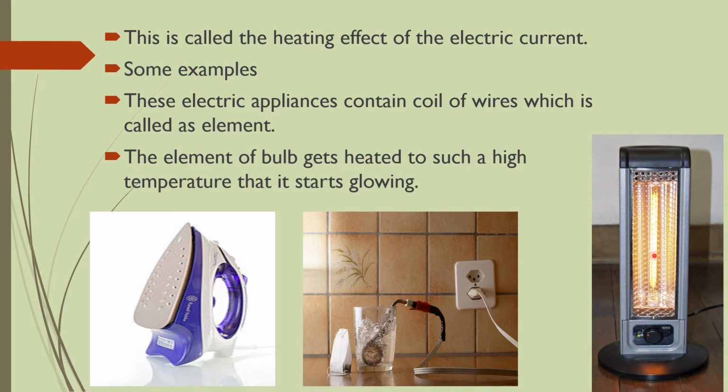Now here is the electric heater which is used in houses to make the room warm. In this also you can see that the element started glowing. So it depends what material we are using. In all these electrical appliances, these elements are present.